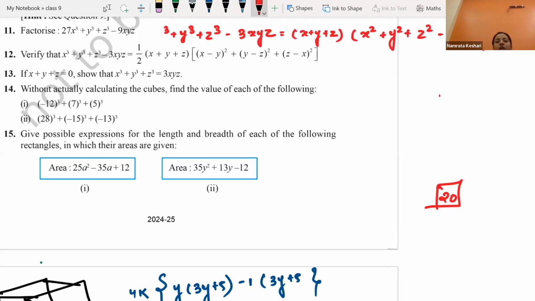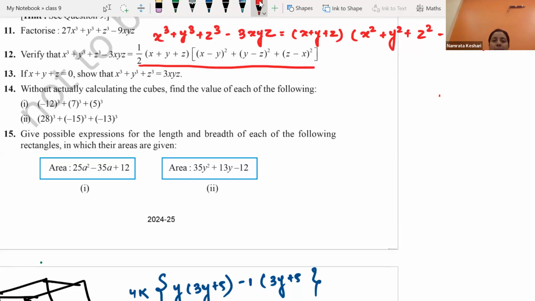This was the formula, right? So we can clearly see RHS is not matching. If RHS will match, then we can say that yes, LHS is equal to RHS. So we just need to match this RHS with our RHS. Are you understanding what I'm trying to say?